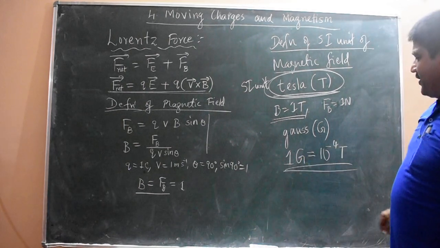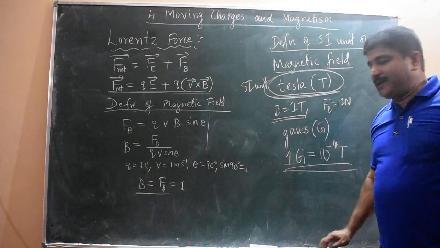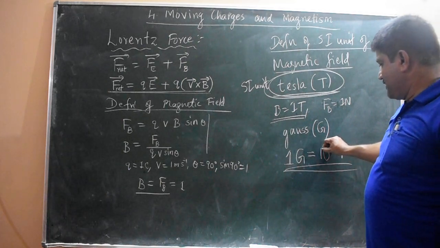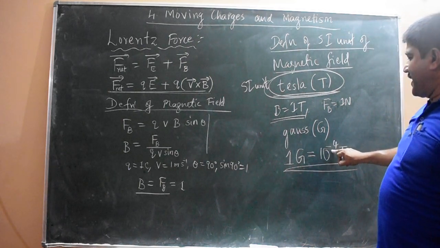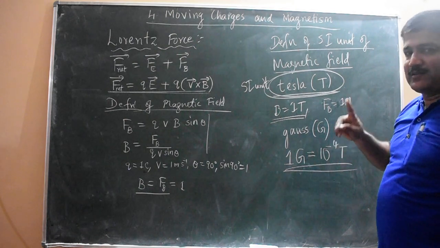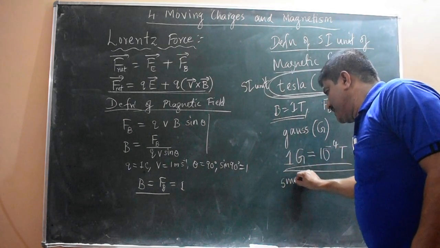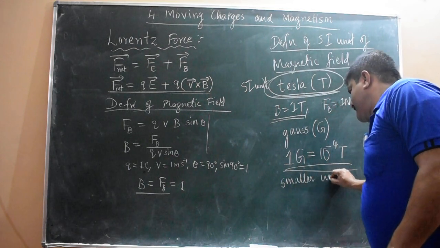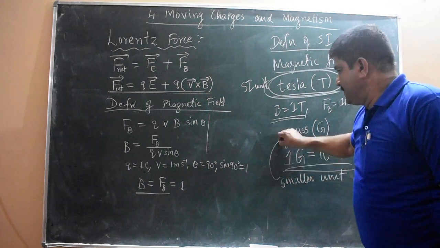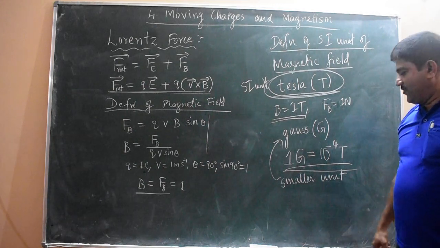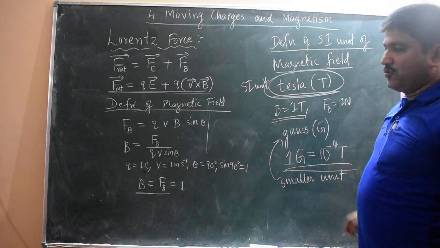So Gauss is the smaller unit compared to Tesla, because to get one Gauss we multiply 1 Tesla by 10 power minus 4. Gauss is the smaller unit of magnetic field compared to Tesla.